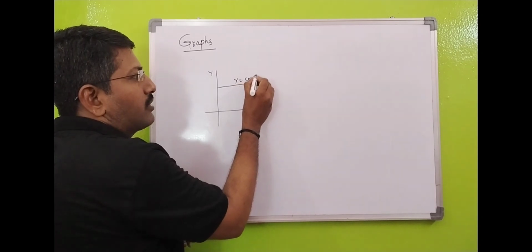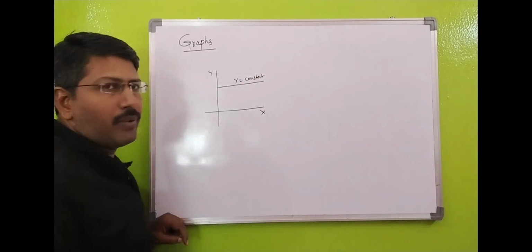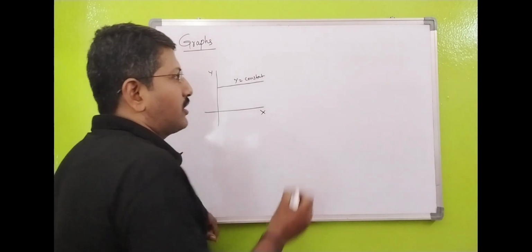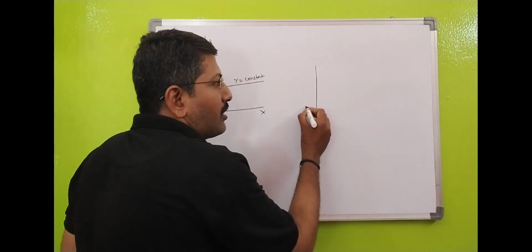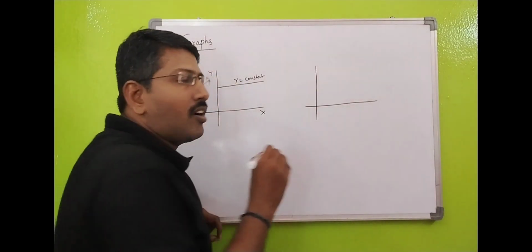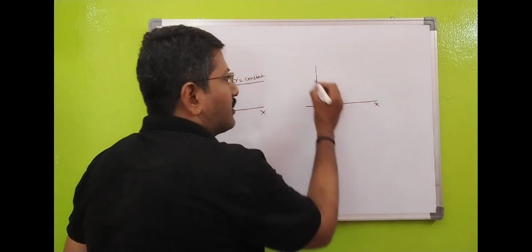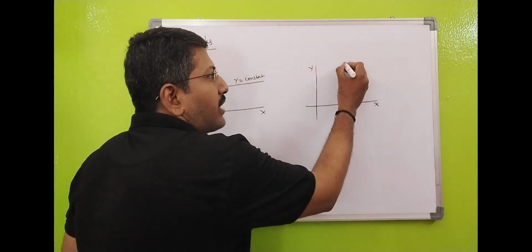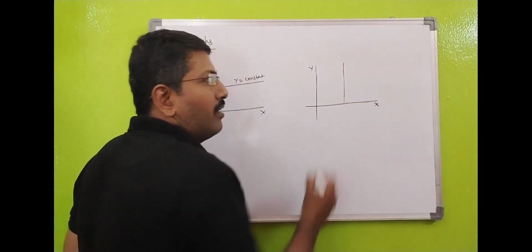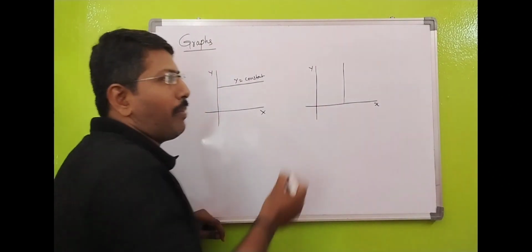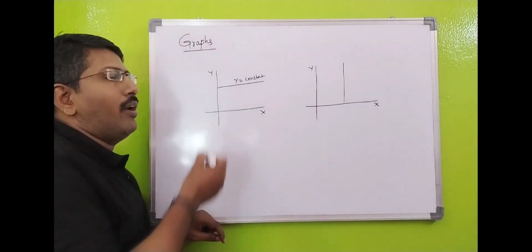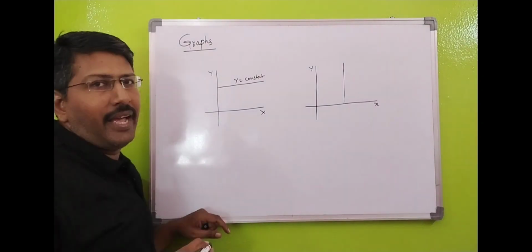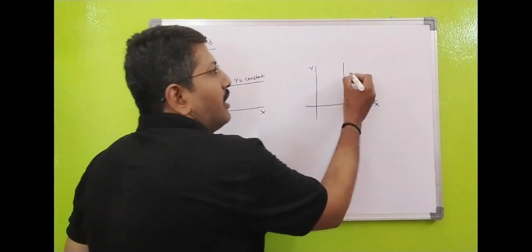Y is constant, the graph is represented like this. Next, if anybody asks, x is constant, here x, here y. If x is constant, you will get the nature of the graph like this. This is parallel to the y-axis. If y is constant, it is parallel to the x-axis. Here x is constant.